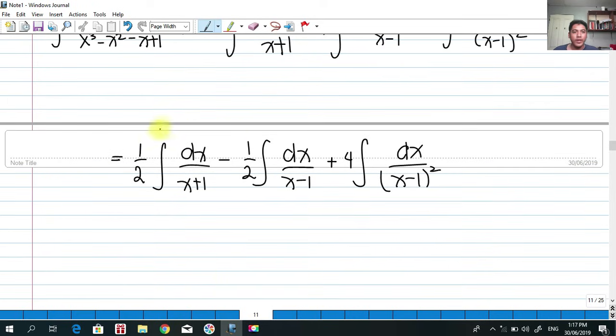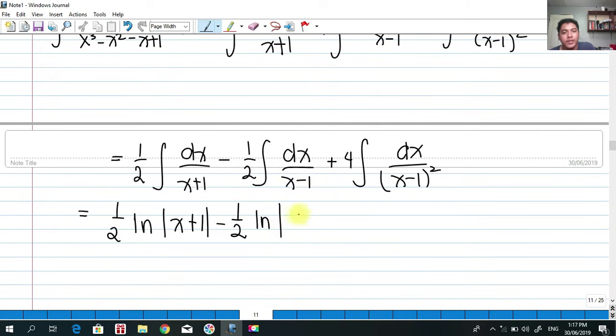The integral of the first is 1/2, of course, du over u, which is ln of the absolute value of x plus 1. Minus 1/2, if we integrate this, that's the natural logarithm of the absolute value of x minus 1. Here we cannot use ln because it's raised to a square.